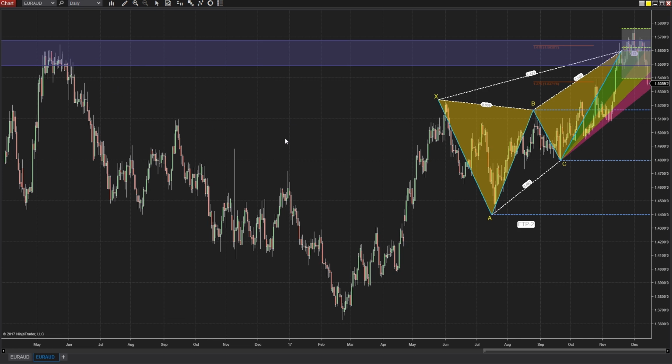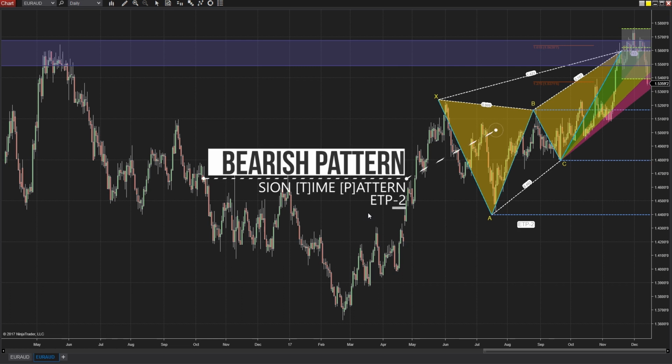So as you can see, it doesn't matter if you're looking for trends or reversals. It just depends on where you want to look for a pattern to keep that entry, and more importantly, the stop, consistent and also in a good place.